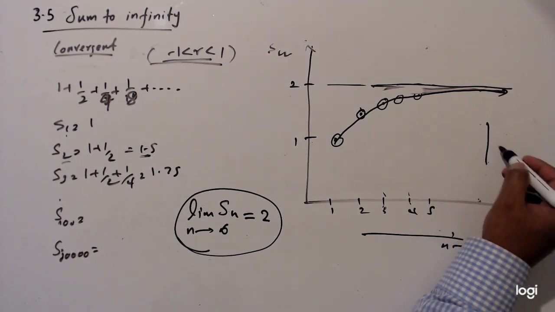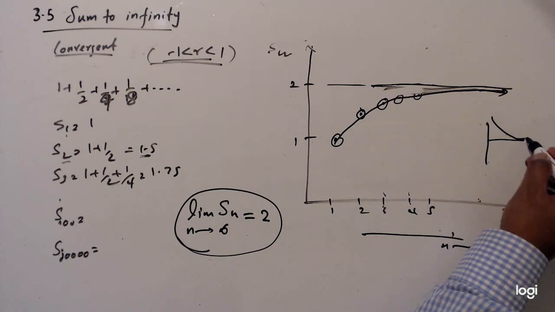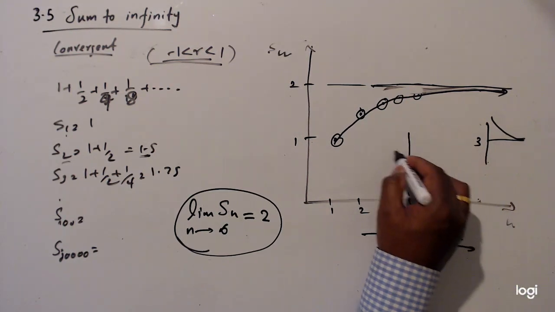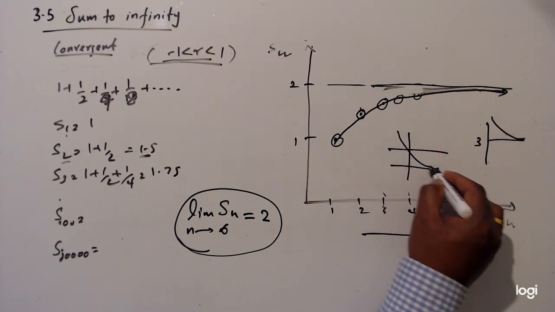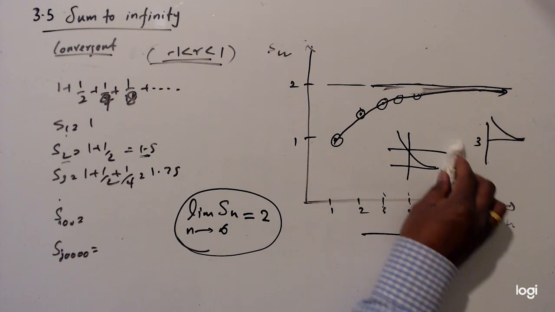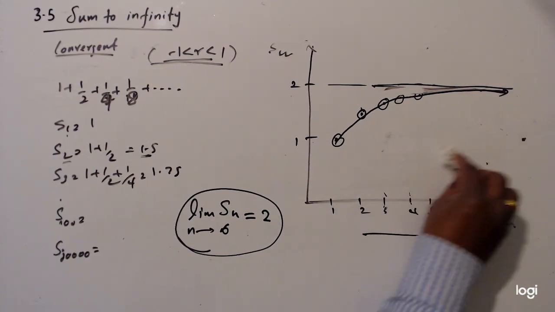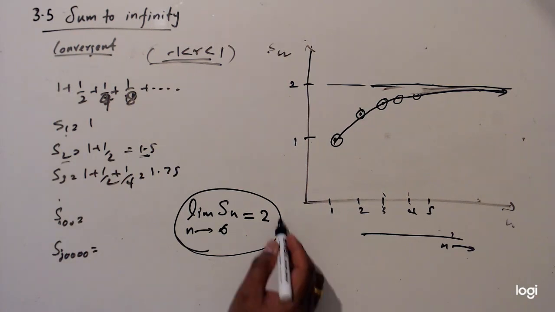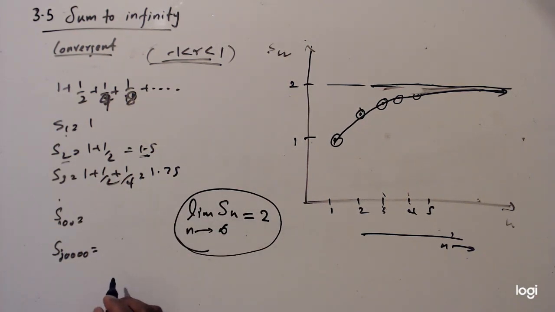Sometimes you may limit to a value like 3, or sometimes to negative values, but you will see that it is limiting to a value. Actually, this value is 2, which we are going to discuss soon.